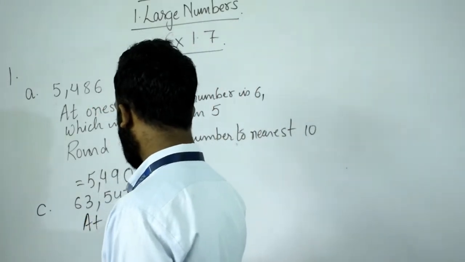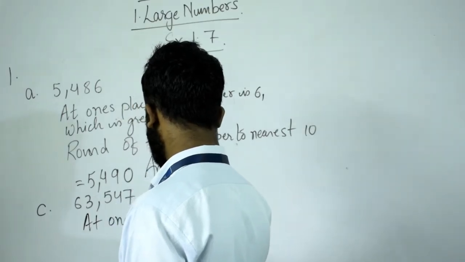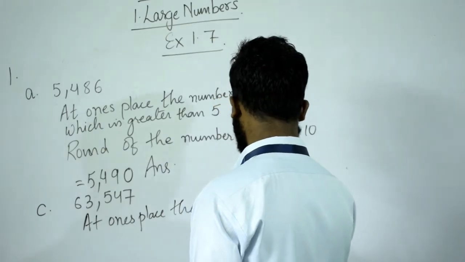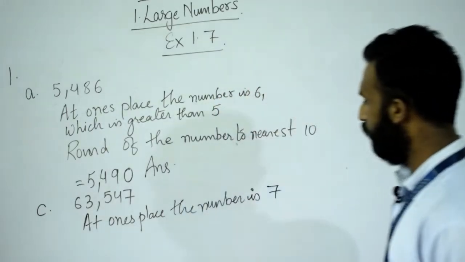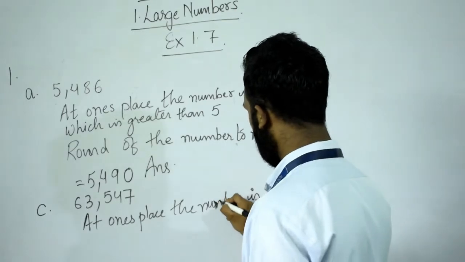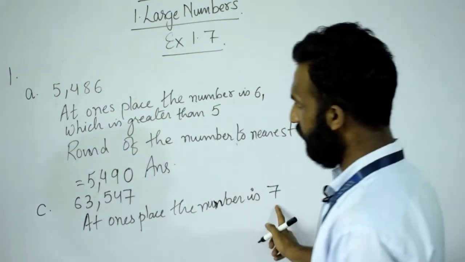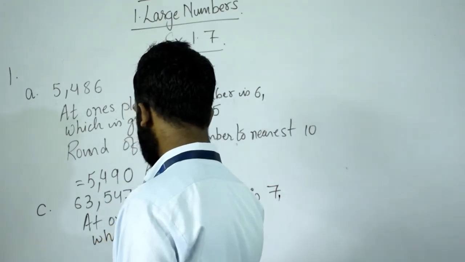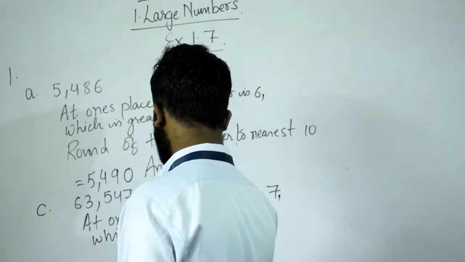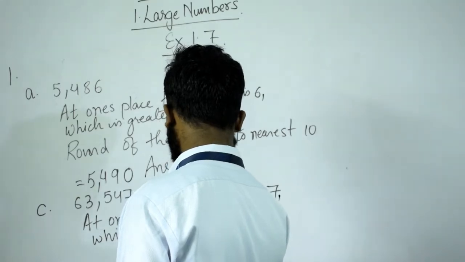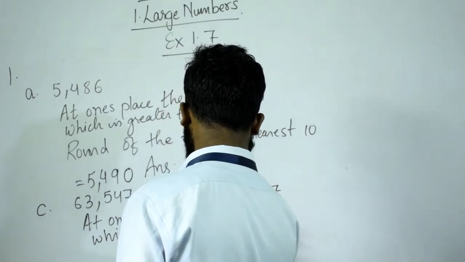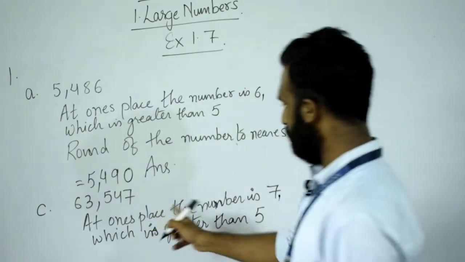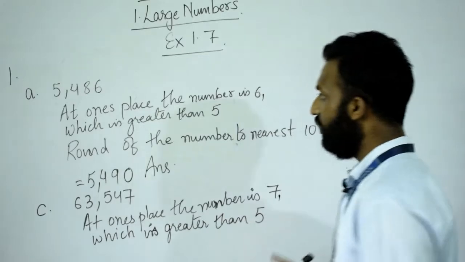At the ones place, the number is 7, which is greater than 5.